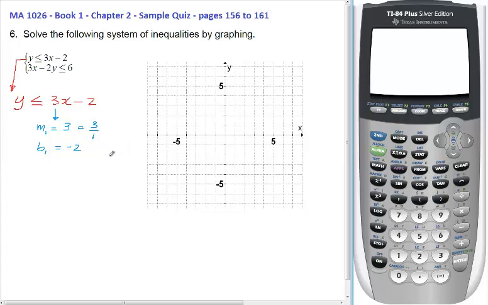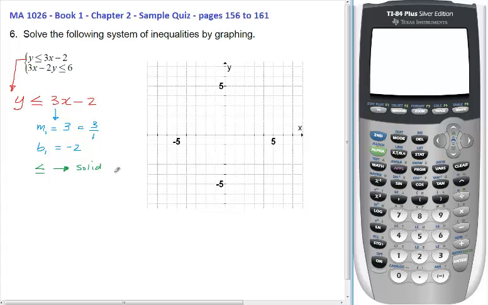So graphing this line. Now, 4 things you got to watch for. You got to decide whether it's a solid or broken line. You have to decide whether you shade above or below, right? And you need the slope and y-intercept. Now, less than or equal to, because it has an equals sign, tells me my boundary line is going to be a solid boundary line, not a broken one.